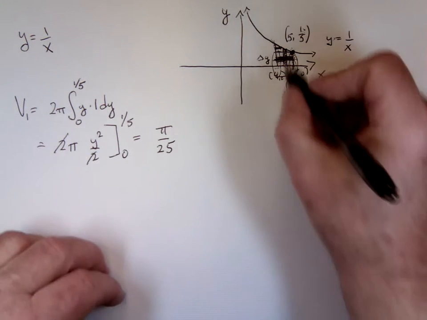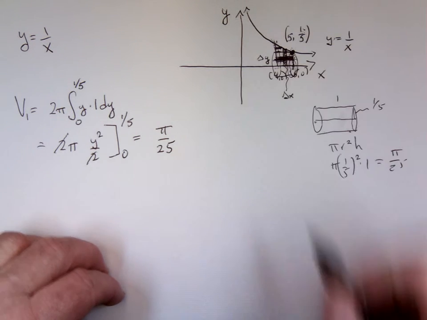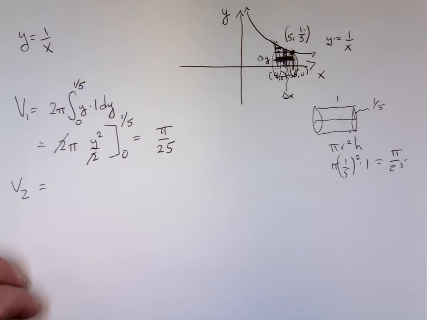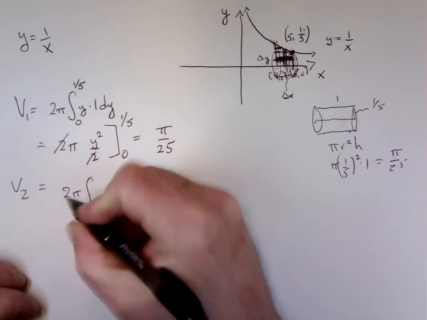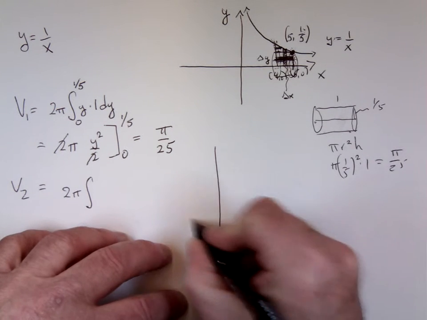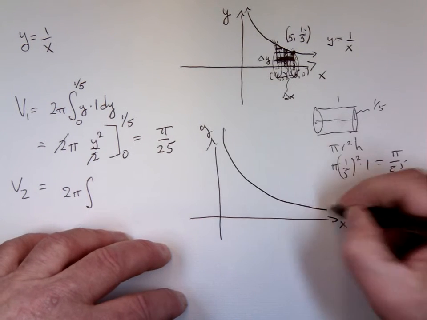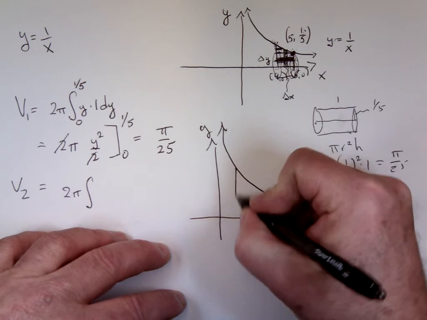The second part, we're going to go from here up to here. So second part, second volume is equal to, and again, that rectangle is going to generate a shell. It's going to be 2 pi. Now, what's r here? Let me draw another diagram here. We're going from here.